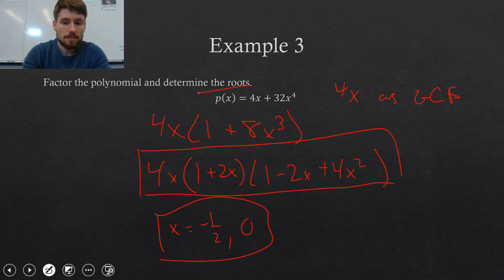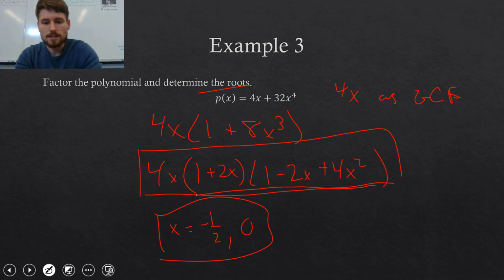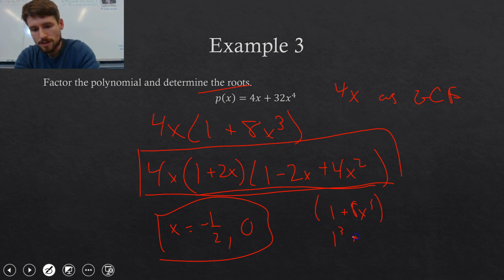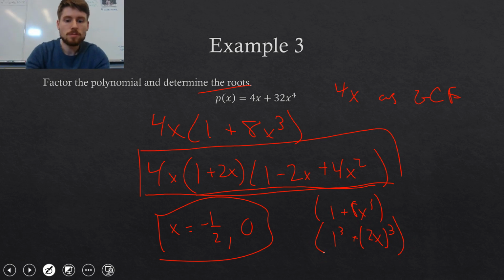But just to reemphasize how 1 plus 8x cubed factors into the 1 plus 2x times 1 minus 2x plus 4x squared, this part where this comes from, that's the fact that 1 plus 8x cubed is equal to 1 cubed plus 2x cubed, right? So it's a sum of 2 cubes.